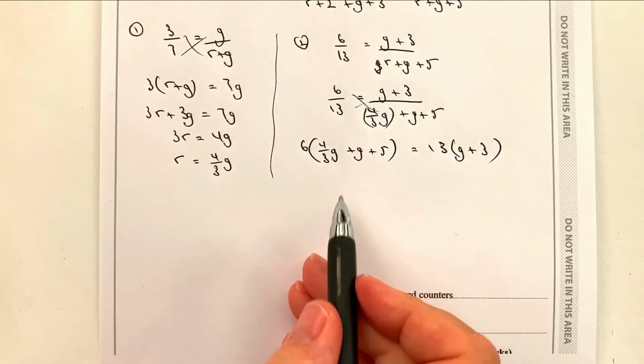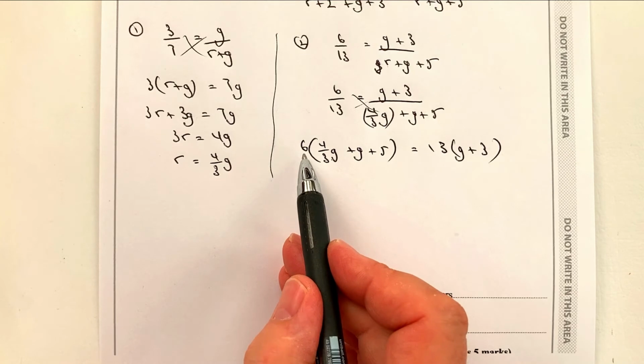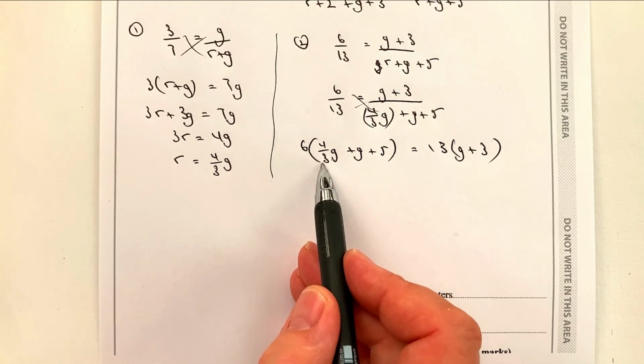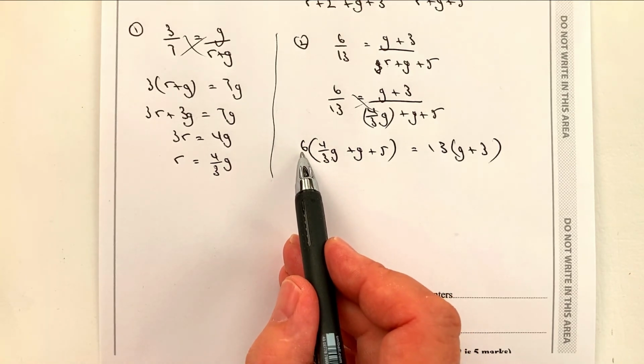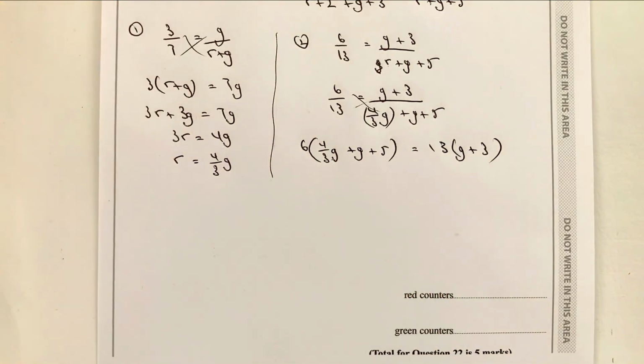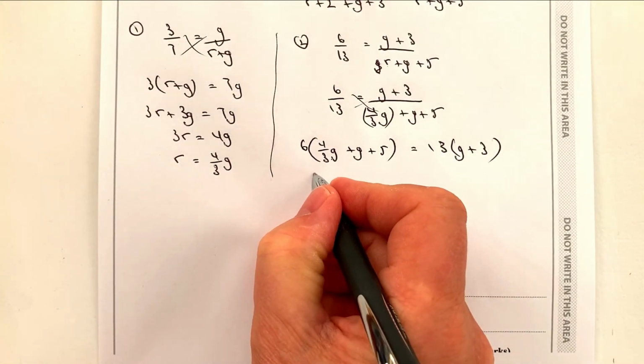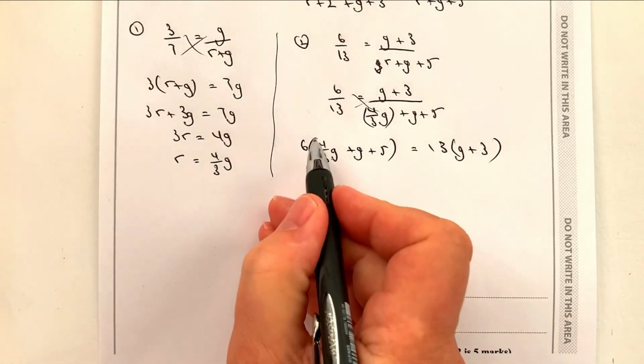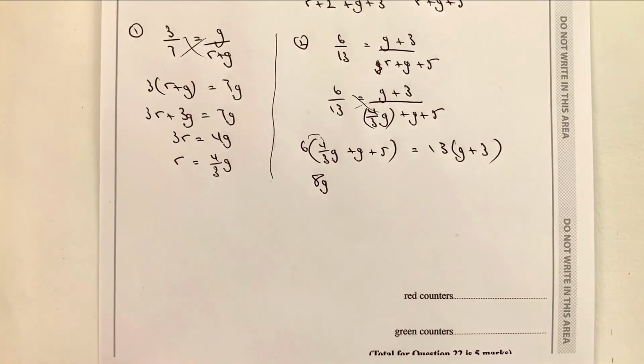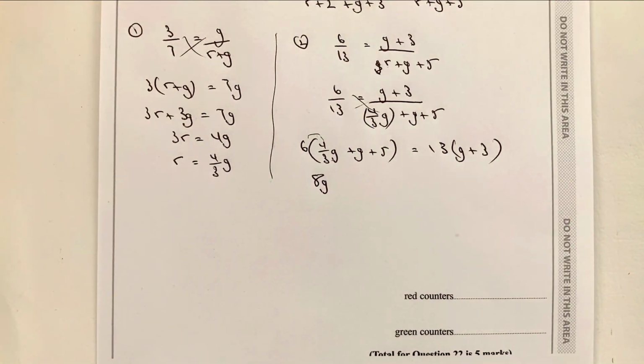Now the advantage of doing this is that hopefully you can see when I multiply this fraction by 6, I get 6 times 4, which is 24, but then it's 24 divided by 3, which very neatly works out as 8G. Okay, so that times that. So that's why I didn't do it to begin with, because I recognized I'd be able to reduce it.